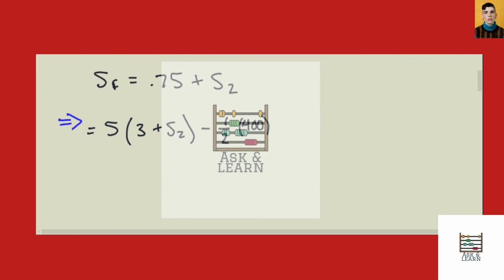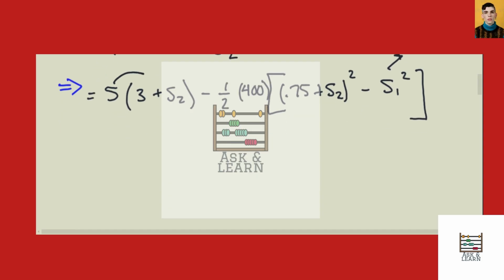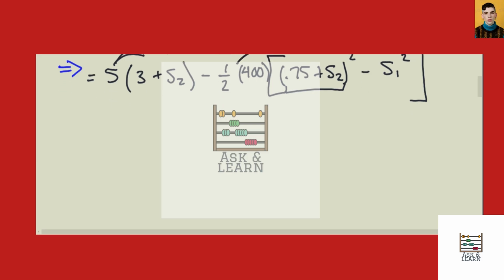So now in brackets we have S final, which is 0.75 plus S2 squared minus S1 squared. And again, remember S1 is 0.75 feet. So now let's distribute the 5, factor this, and also distribute the 1/2 times 400, which is just 200.